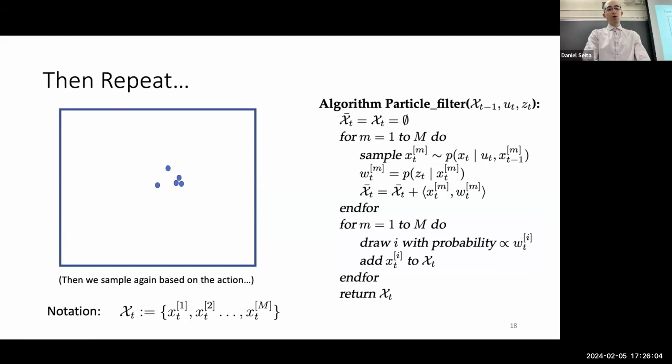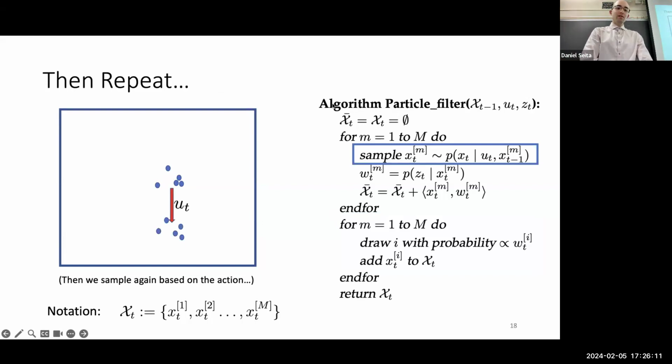Then we repeat this. We go back to the next action, which might have gone this way, and that means our new particle might have gone this way. Again, maybe the transitions are stochastic, so some particles that had the same hypothesis might go to different hypotheses next time.